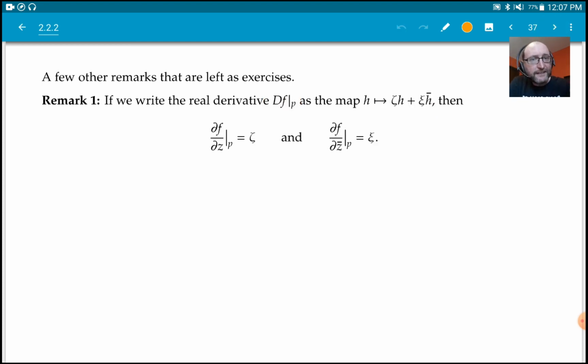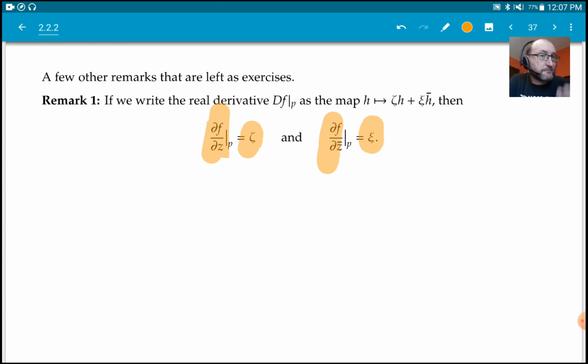Now, if you write it in that form and you take the Wirtinger operators, then at that point P, you get zeta, that's the z derivative, and xi is the z bar derivative.